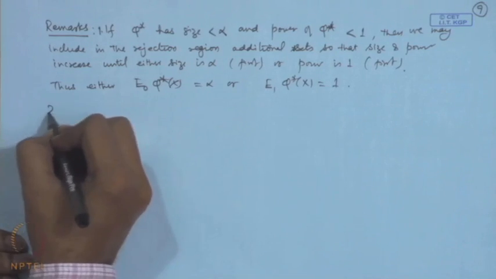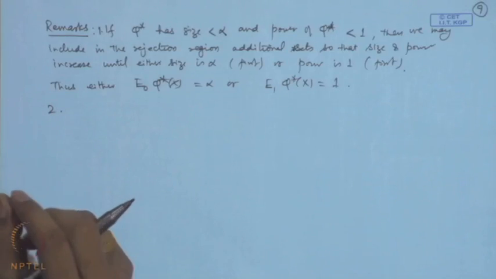So, another thing that we have noticed here is that except at the points where f 1 x is equal to k f naught, at other points the uniqueness in the definition of phi is there.